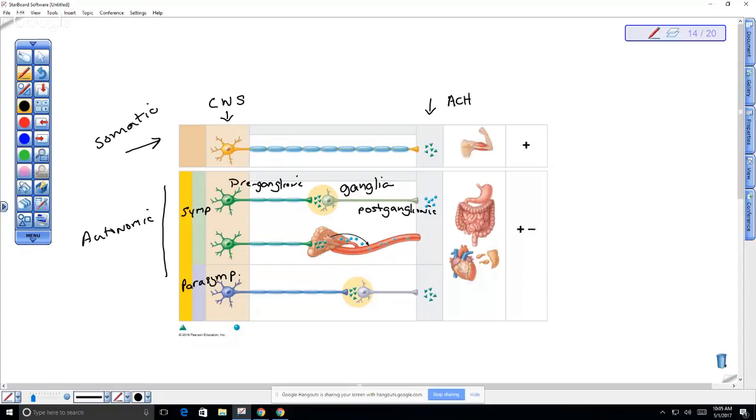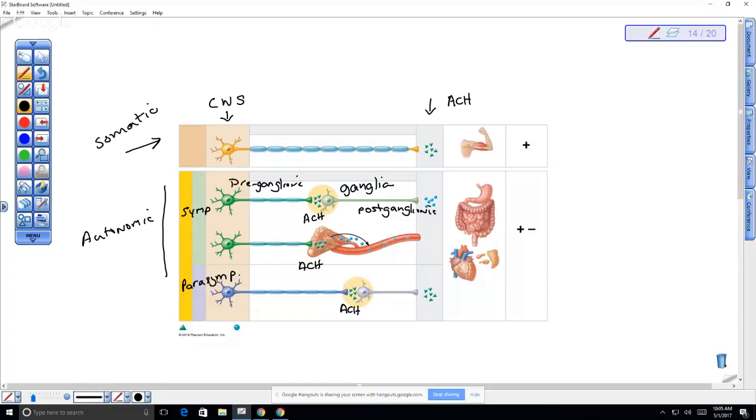So it's important to realize, and I don't think I made this point previously, that all the preganglionic axons always release acetylcholine. And so this would be acetylcholine right here. So this is ACH, right? This is ACH. This is ACH. So in your diagram, I think they're all designated with a little triangle versus a little circle, okay? So those all release acetylcholine into the synapse.